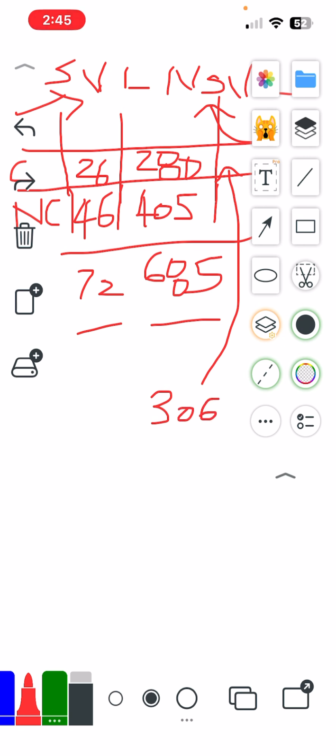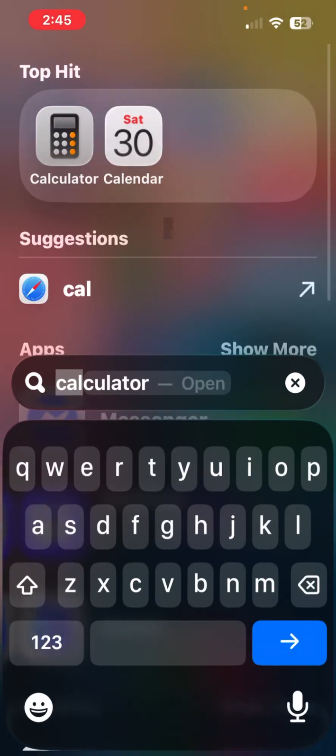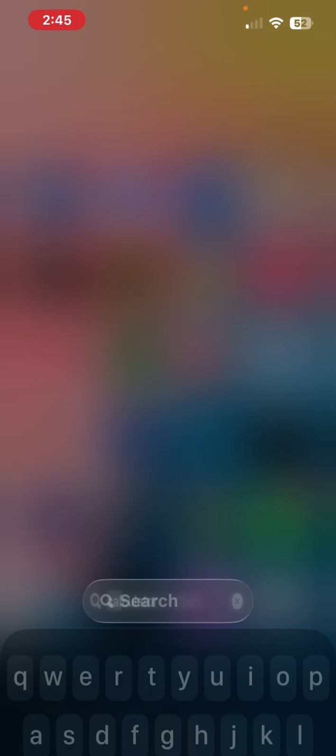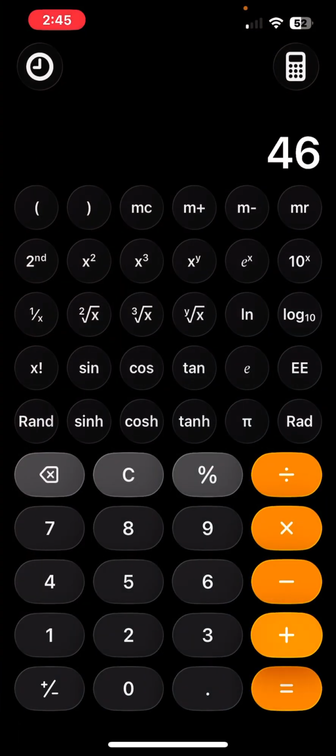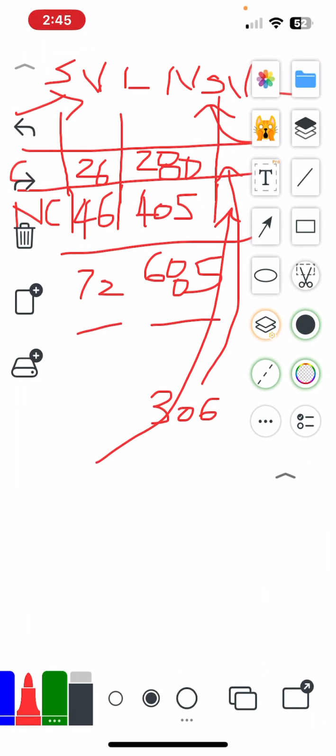And for people who do not use a cell phone and had no speeding violation, the total for this particular row will be 46 plus 405, so this will be 451.